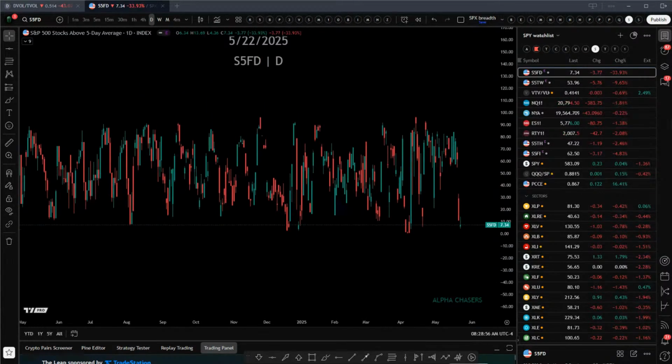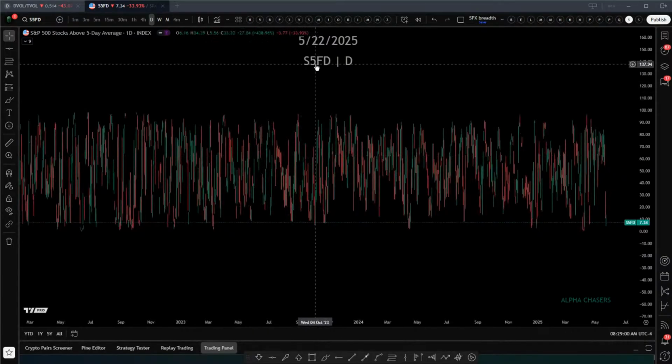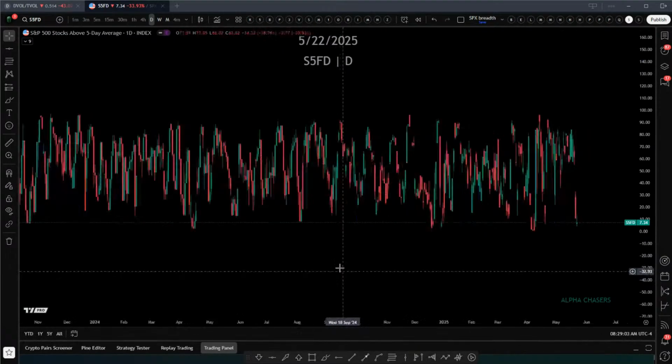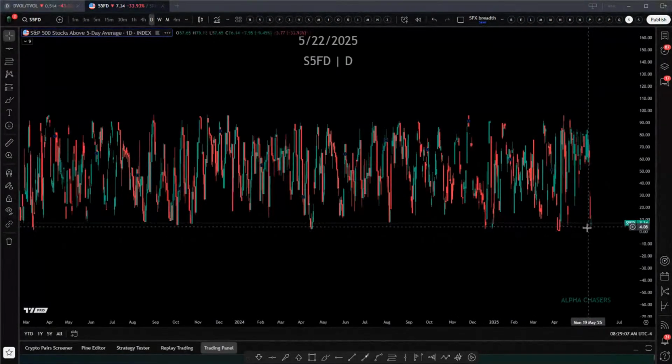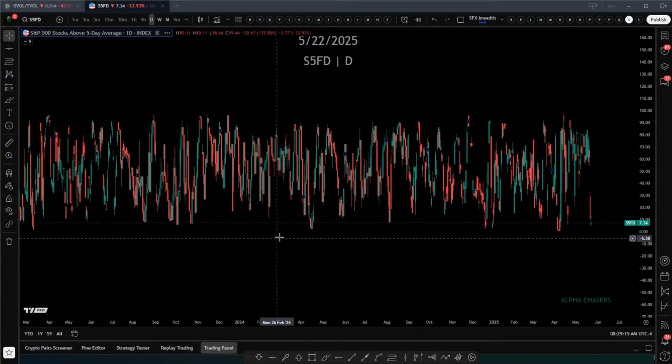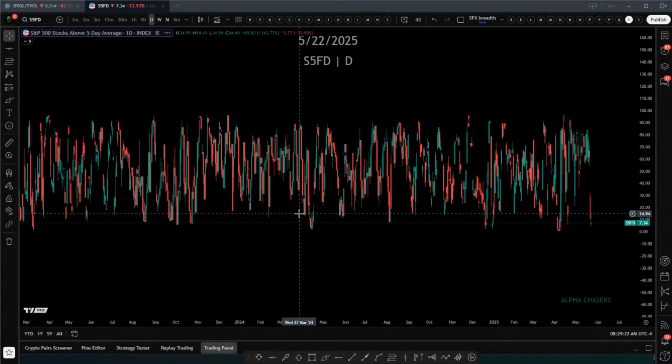If we take a look here, these are the 5 day moving averages on the 200, and super important here. See this? You're at a 3. You were at a 3 yesterday. It's very rare to stay at a 3 and not see some kind of bounce, any kind of bounce.